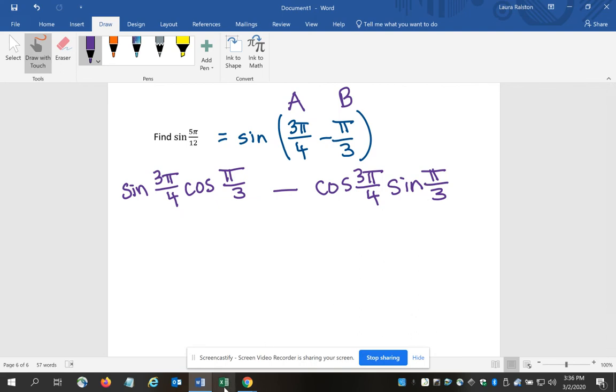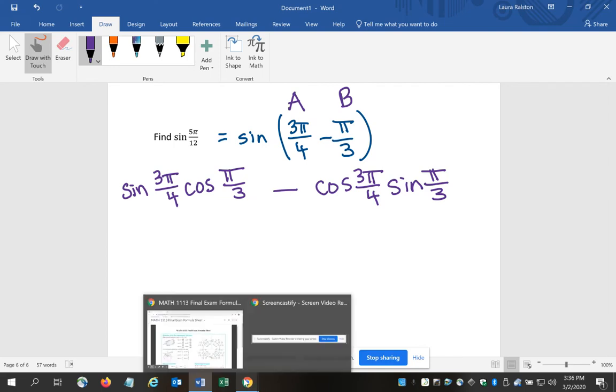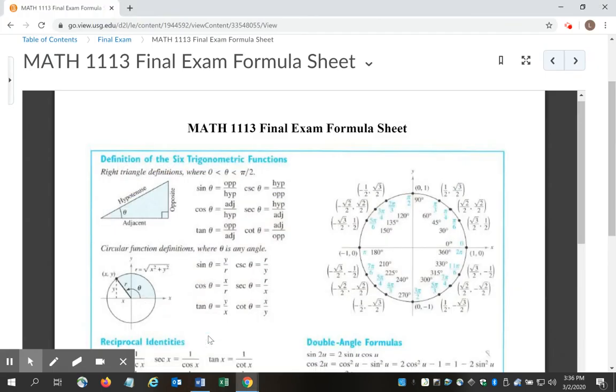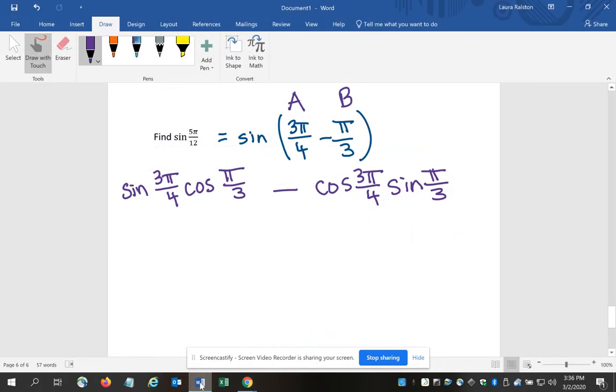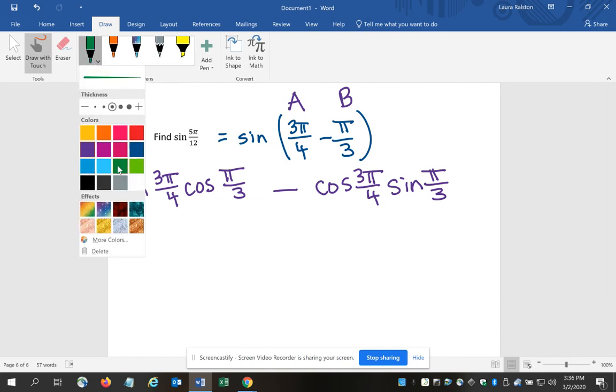So then I can go out and I can look at my unit circle. Be careful, watch your signs. Okay, the sine of 3 pi 4ths is square root 2 over 2. Be extra careful. Make sure you watch the signs on your numbers. Okay, otherwise you'll get the wrong answer.